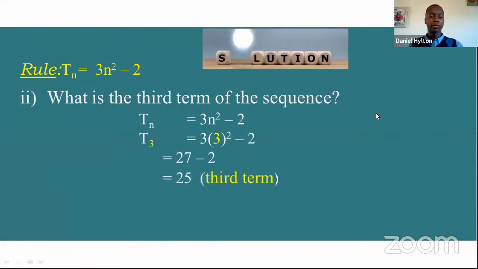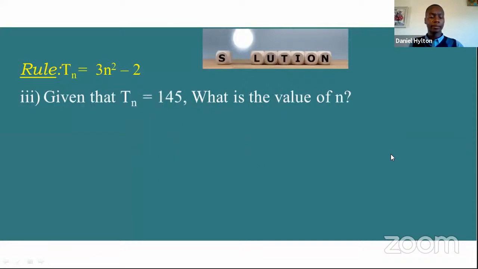All right, great. So let's look at Roman numeral 3. Given that t sub n is equal to 145, what is the value of n? So what term is equal to 145?